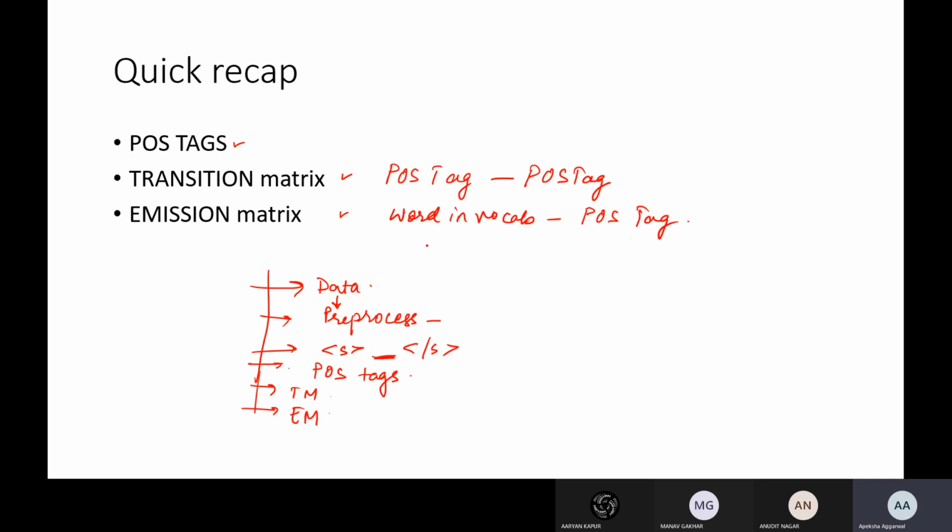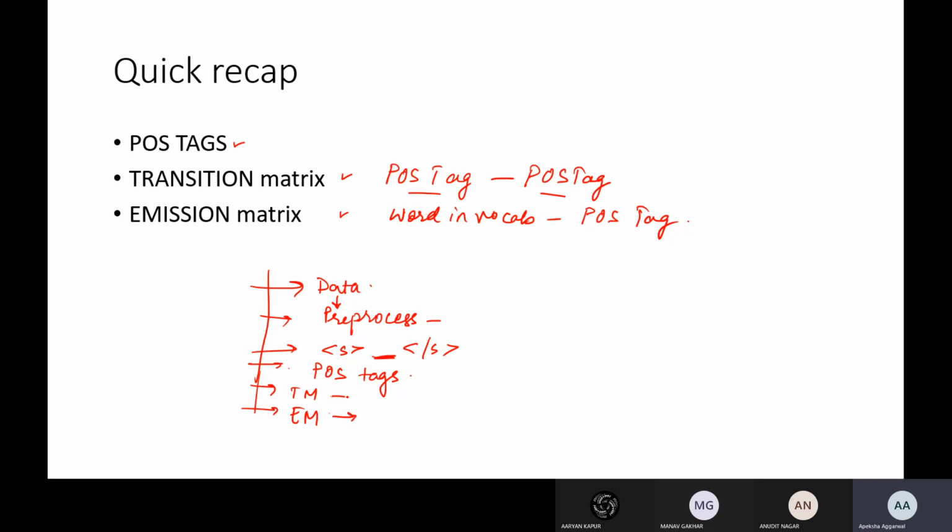The transition matrix gives the probability of moving from one POS tag to another, the chances of the second POS tag appearing given the first POS tag. Similarly, the emission matrix gives the chances of a word appearing in a particular POS tag. We discussed the probability formulas for these in the last class. We'll start from here itself.